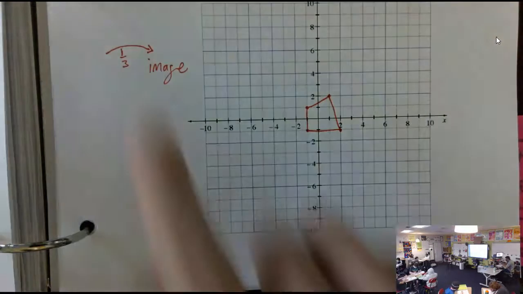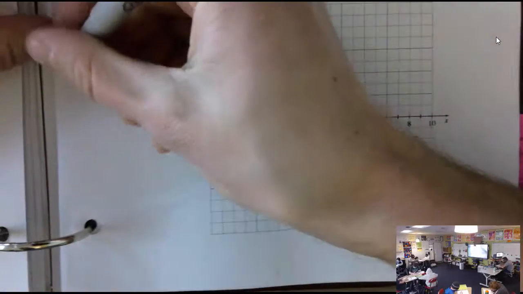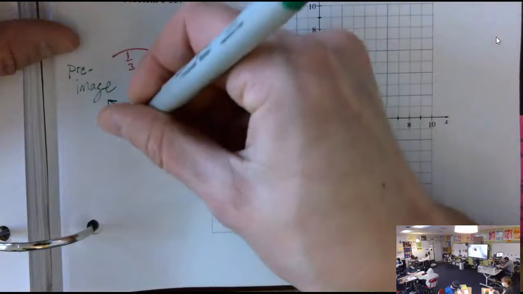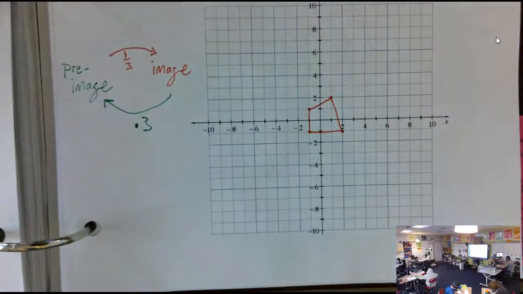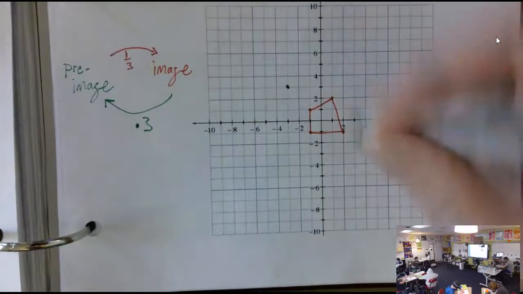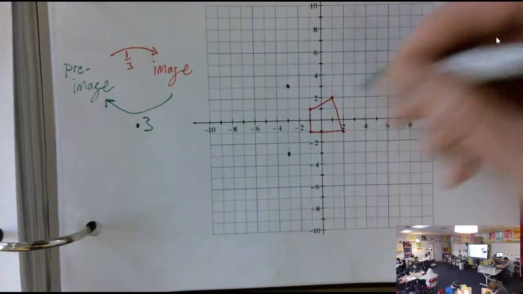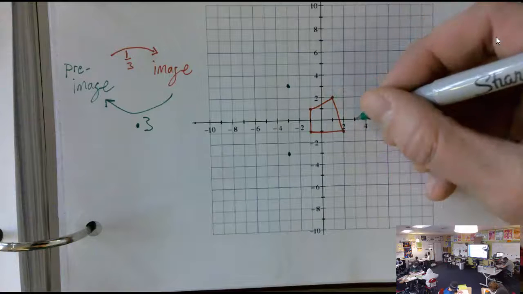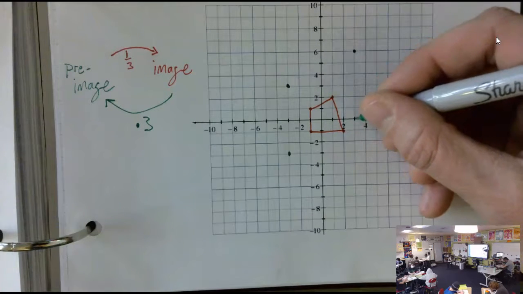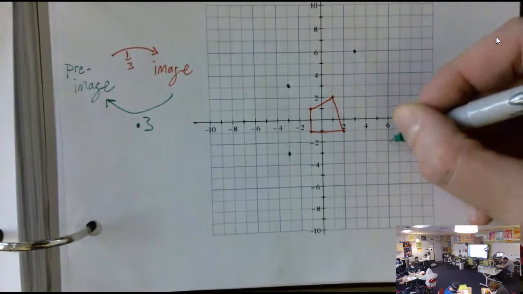Oh, you're saying the image is 1/3 of the pre-image, or what we call the original, but we want to get into this habit. I know it's silly, but what we start with is called the pre-image. So the pre-image is actually 3 times the dilated image. So everything's going to get tripled. No, it does. If you do it right, it does.